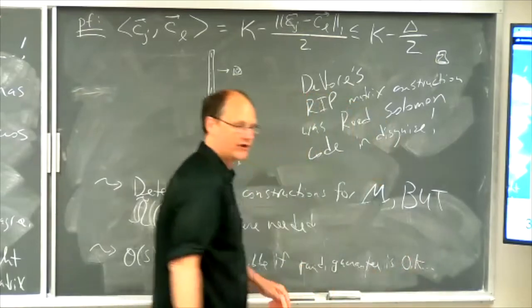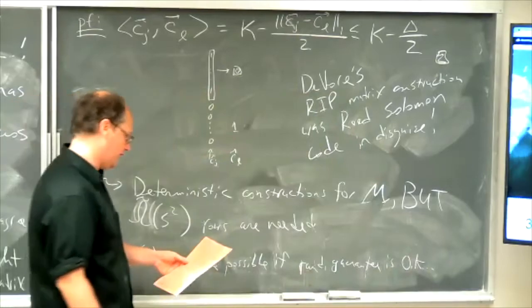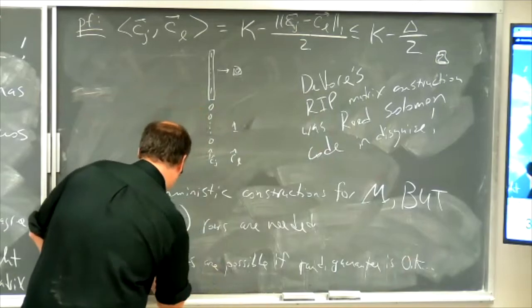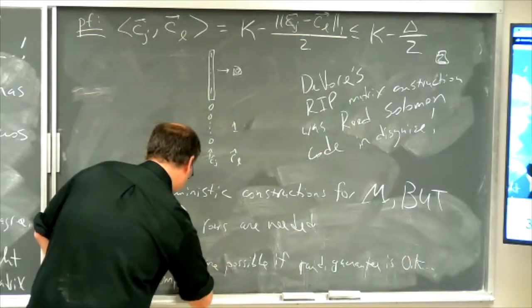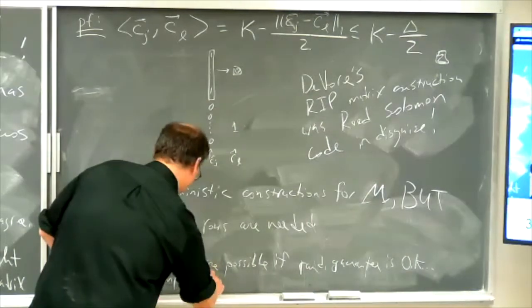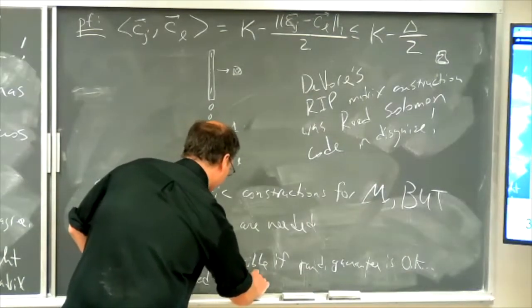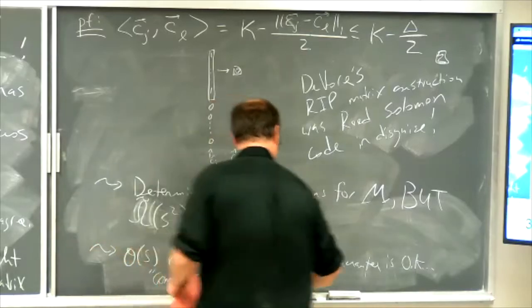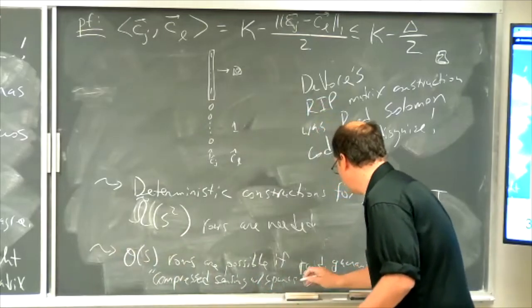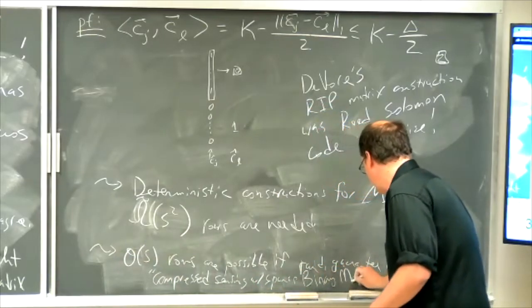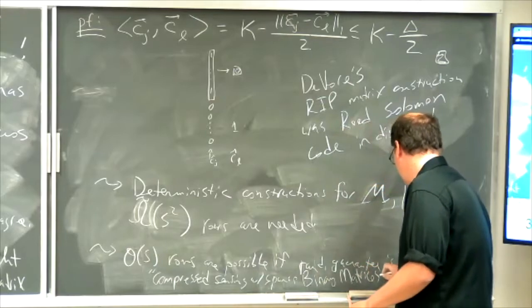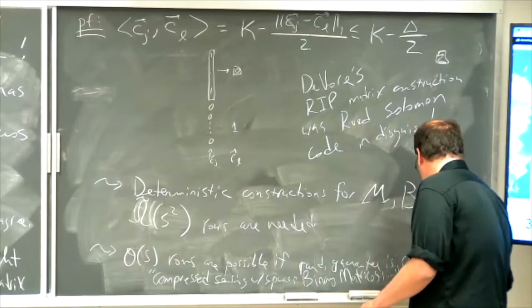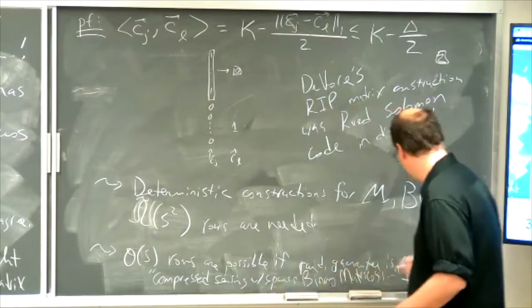So I'll summarize that way. If you want to see how that works, you can look at a paper called Compressed Sensing with Sparse Binary Matrices. It's a paper of mine from 2014 in the Journal of Complexity.